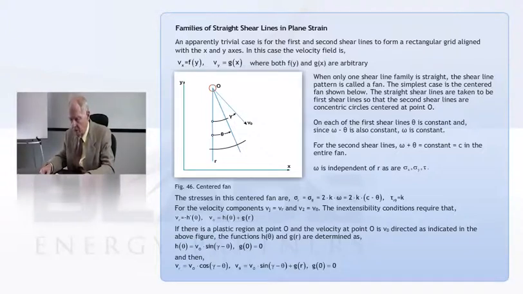Well, a simple case which really, I think, exhibits something physical about plasticity problems is that if I take a set of intersecting shear lines where both are straight, so remember now those shear lines are orthogonal, so you could draw a rectangular boundary around some of those.